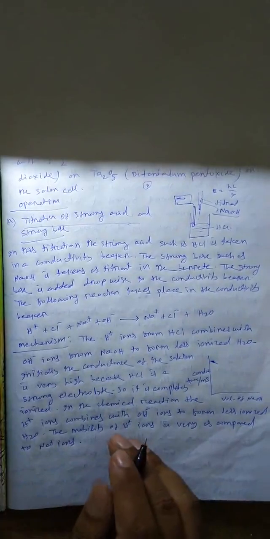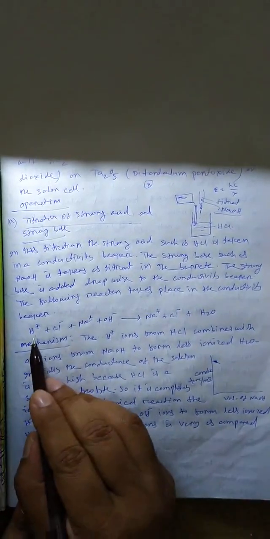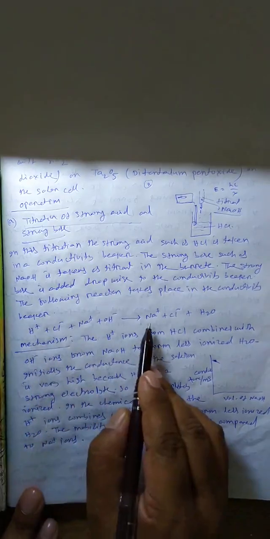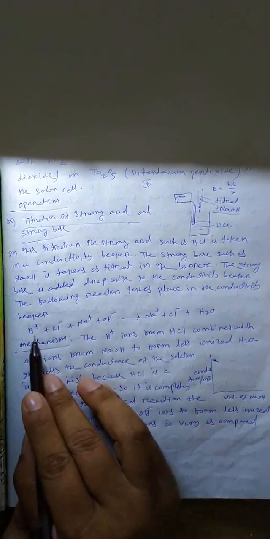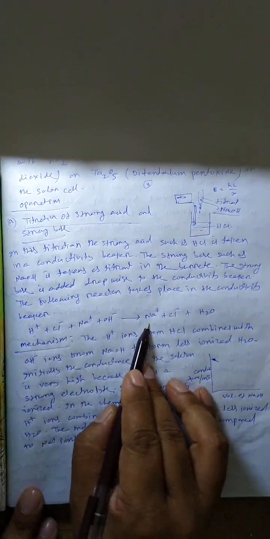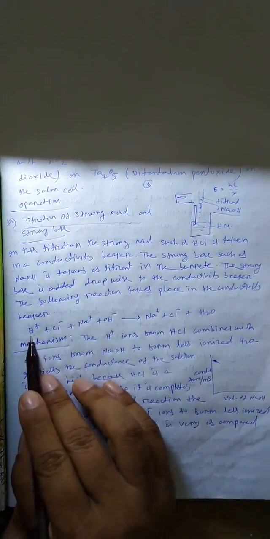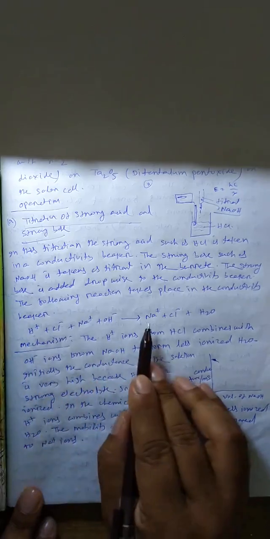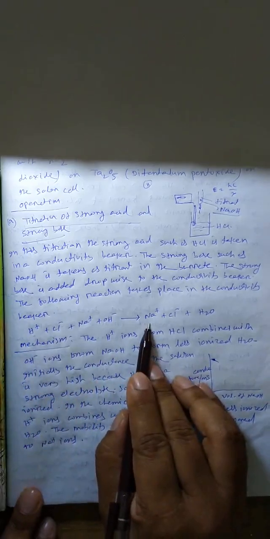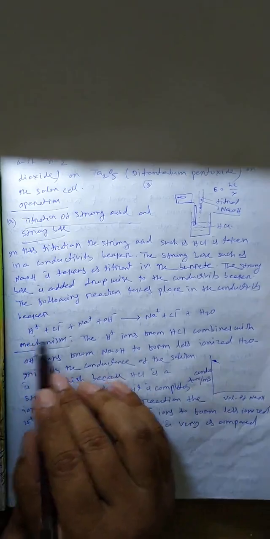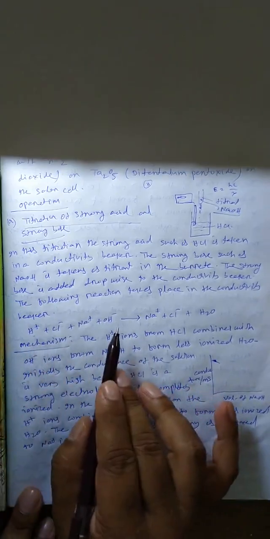That means each H plus ion consumed forms one Na plus ion. Suppose 5 H plus ions are consumed, 5 Na plus ions are formed. If 1 mole of H plus ion is consumed, 1 mole of Na plus ion is formed. So the number of ions will not change.